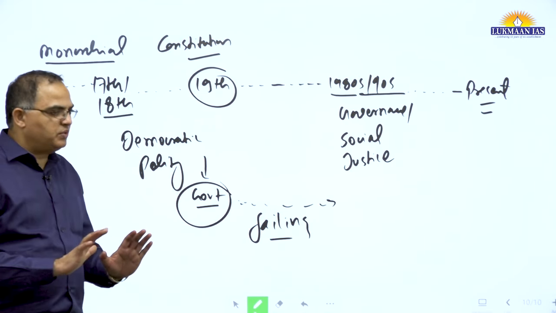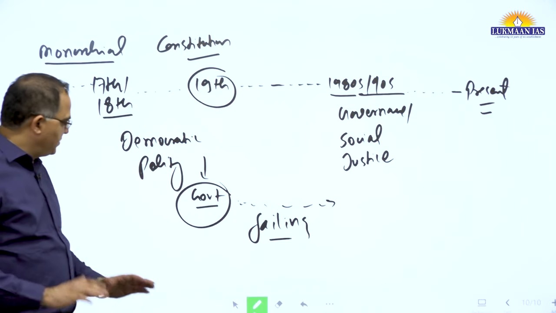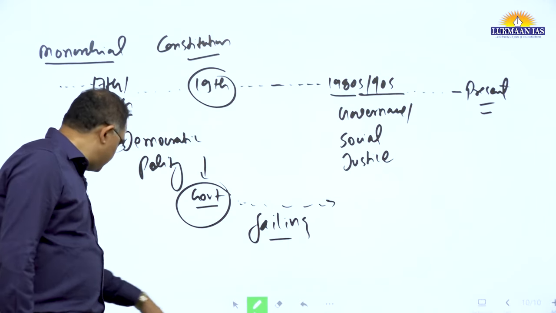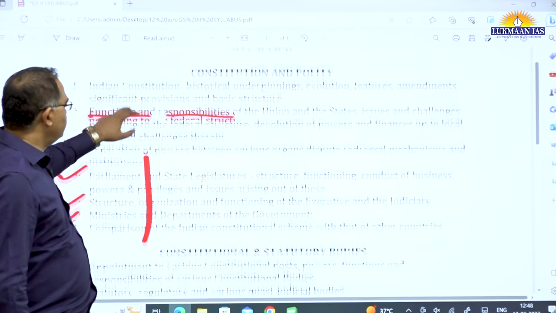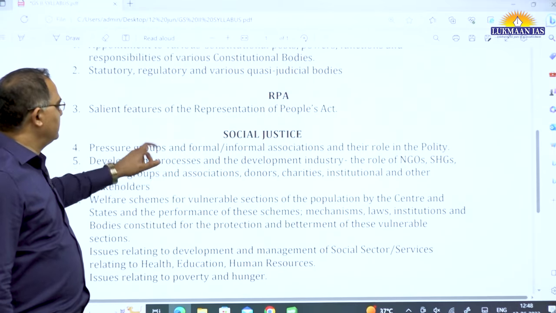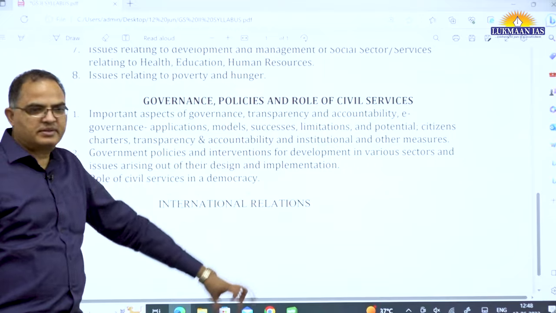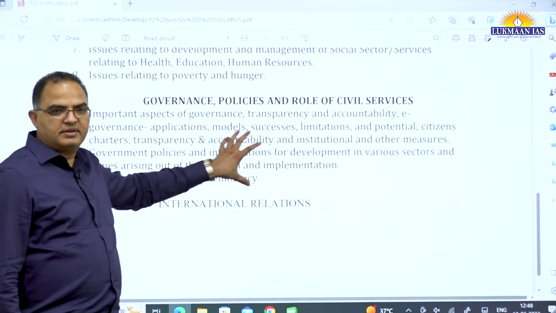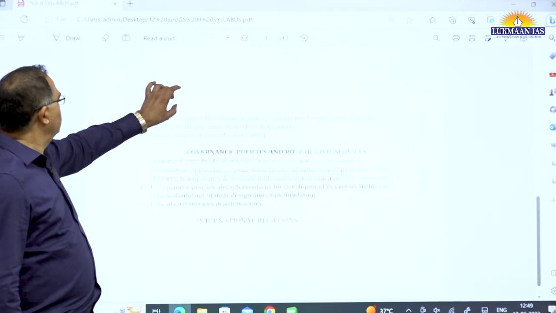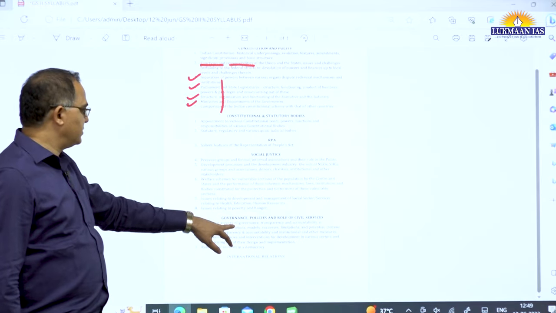What we are trying to relate now is that we have a democratic polity. So when we have a democratic polity, why do we need this? Not as an objective, but why do we need this? So we are trying to connect this one and this one.